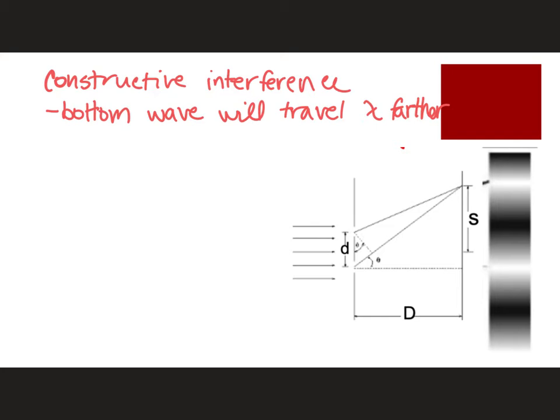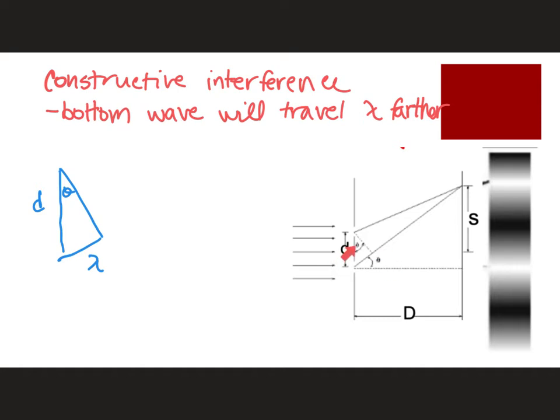Now, if we want to take a look at this triangle here, I'm just going to draw it a little bit larger for us. So the hypotenuse is going to be little d. That's the distance between the center of the top slit and the center of the bottom slit. Also, the angle here between this line, which is perpendicular to where my two slits are and my screen, has been labeled as theta.